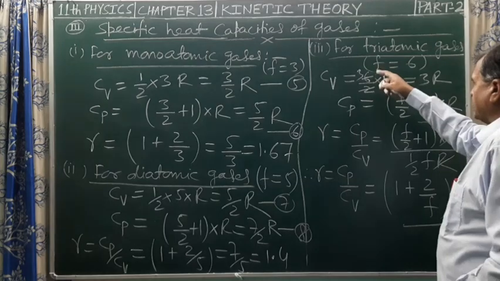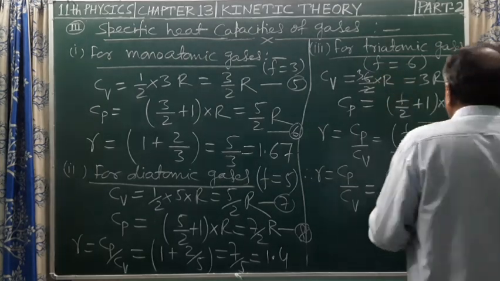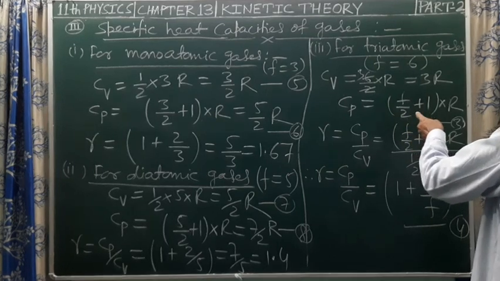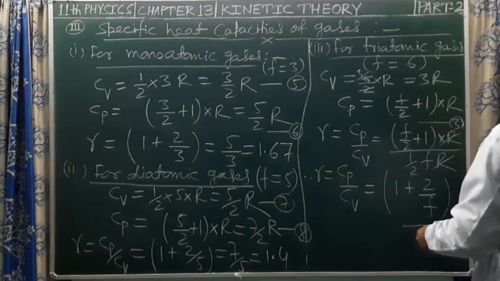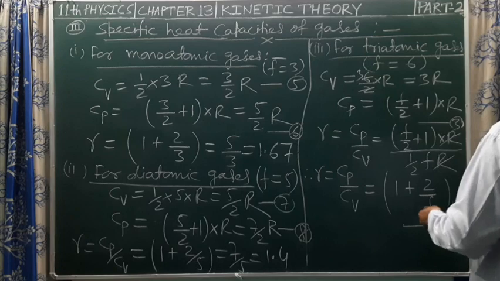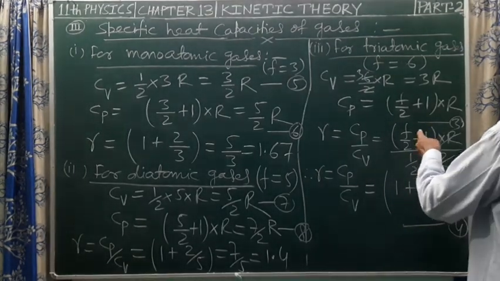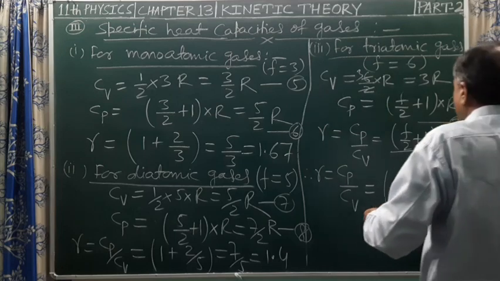So it is 6/2 into R, that is 3R, and Cp is equal to F/2 plus 1 into R. F, the degree of freedom, is 6, so 6/2 plus 1 into R, that is 4R.